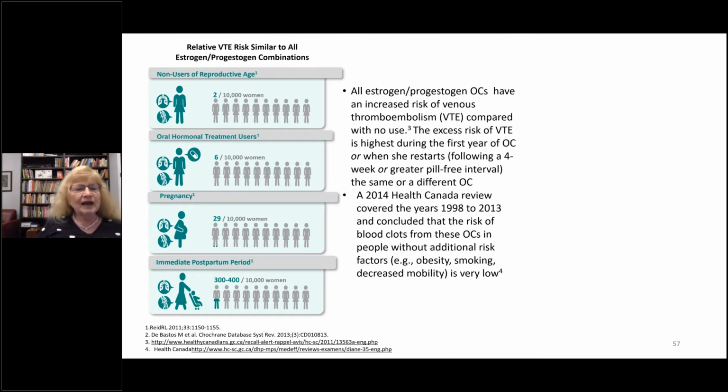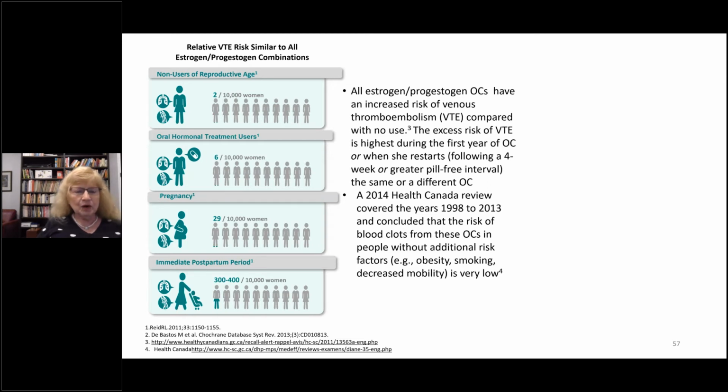If you look at the non-users at the very top, it's about 2 per 10,000 can get a blood clot. If you look at an oral hormonal therapy, it raises to about 6. And if you look at pregnancy, it's 29. So about 5 times as high a risk being pregnant versus being on an oral contraceptive.